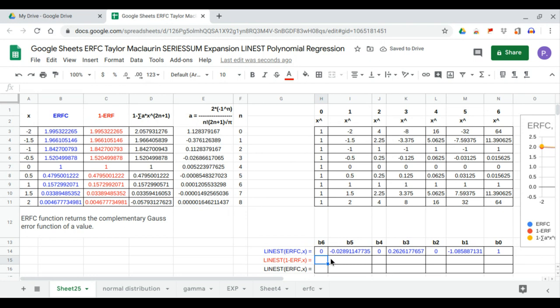Second, the red one, we have LINEST, data y, and data x. And the third will be the Taylor-Maclaurin series expansion of ERFC. So LINEST, data y, and data x.